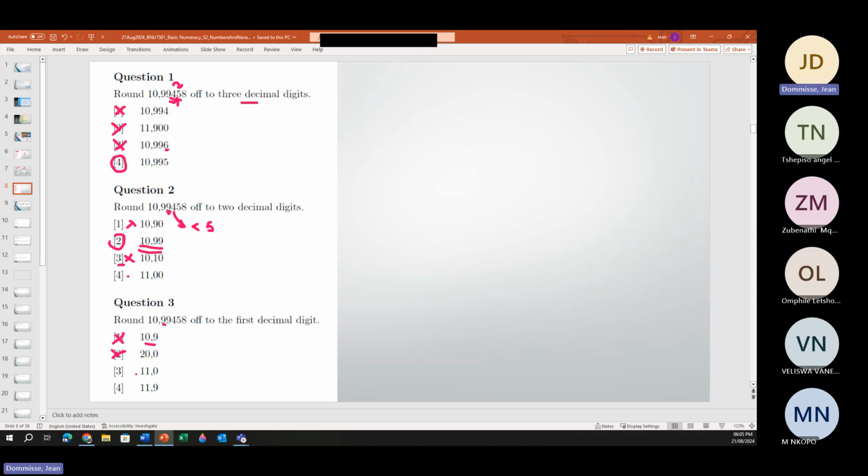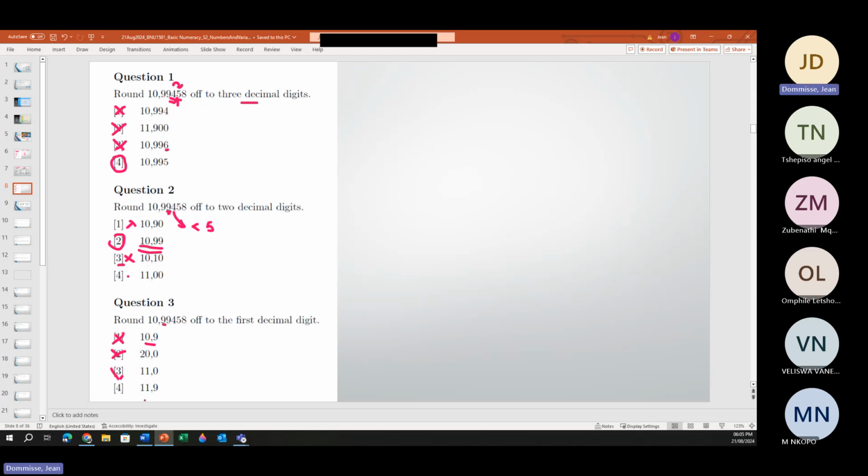Then we look at option 3, 11. We look at the 9, and we look to the right of it. It's 5 or above, so it would round off. That means the 9 would round off, so our answer will be 11.